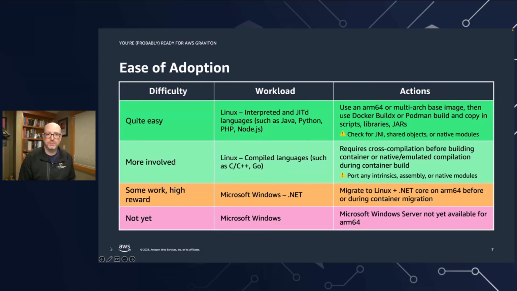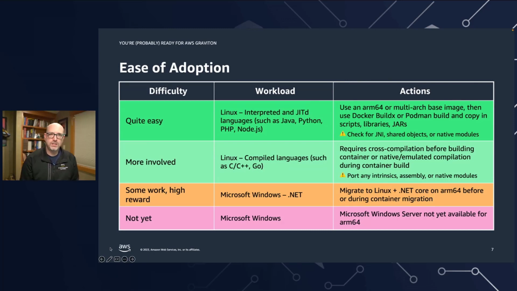If that's you, and we suspect many of you are, then migrating to Graviton is actually quite easy. So if your application is written in a scripting language, such as Python, PHP, Ruby, or JavaScript, or if your application is written in Java, then migrating to AWS Graviton is going to be fairly straightforward. And I'll talk a little bit about the ways in which you can accomplish that shortly.